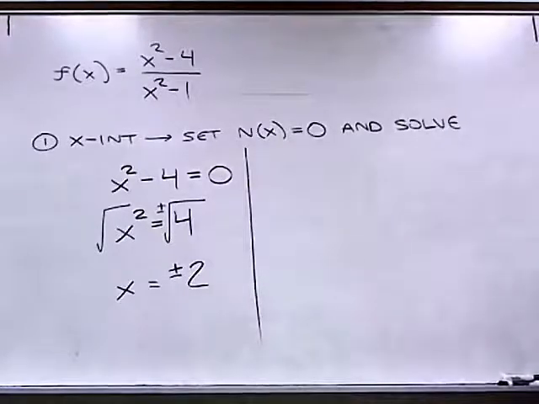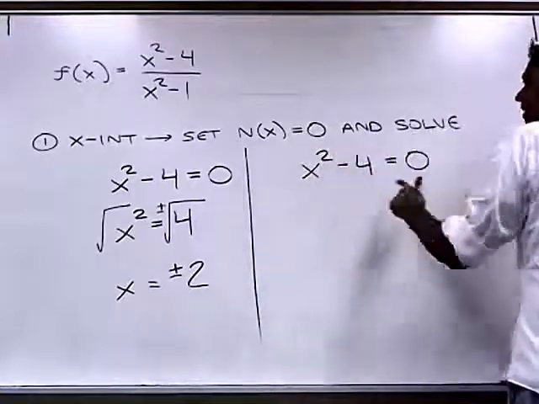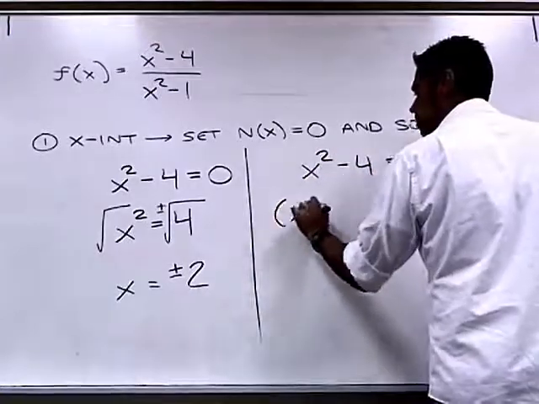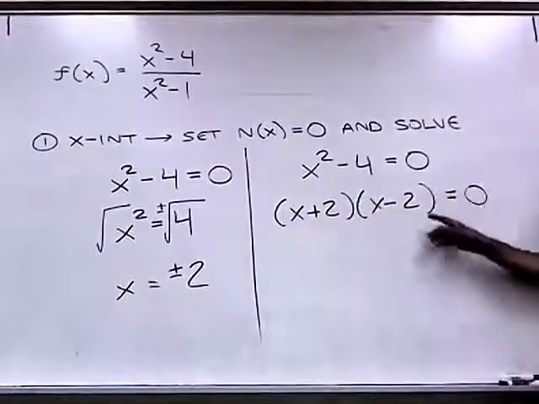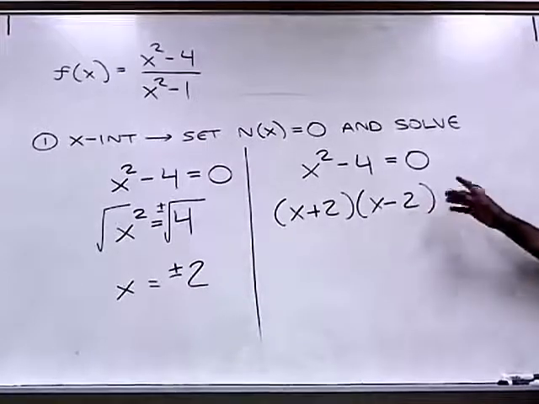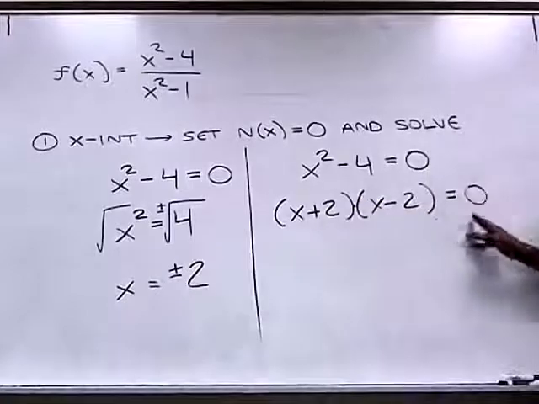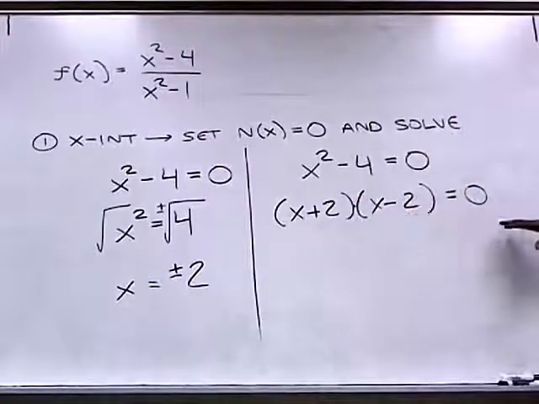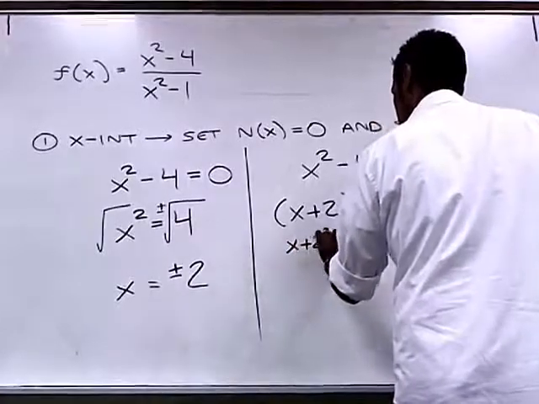Now, the other option would be to take your x squared minus 4, recognize that it's a difference of squares. So it would factor like this. Does that look familiar? Okay. And then once you have two things that are being multiplied to be 0, you set each one equal to 0. So I set x plus 2 equal to 0, solve that.